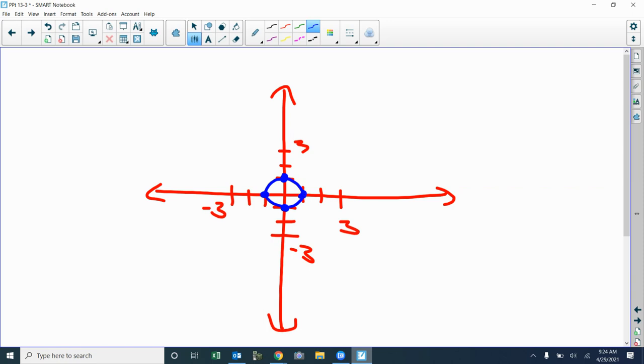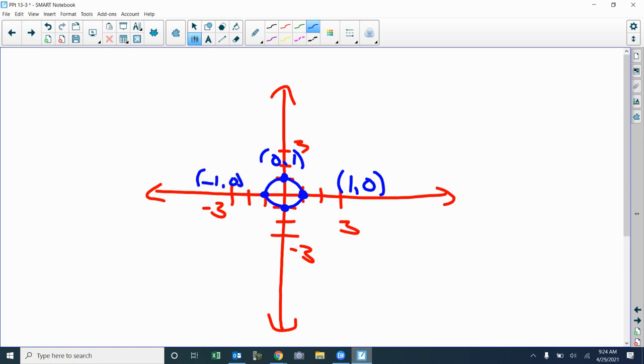Make sense? What would be the coordinates of that point right there? My x is 1 and my y is 0 right here, right? Now up here, my x is 0 and my y is 1. Right here, my x is -1 and my y is 0.